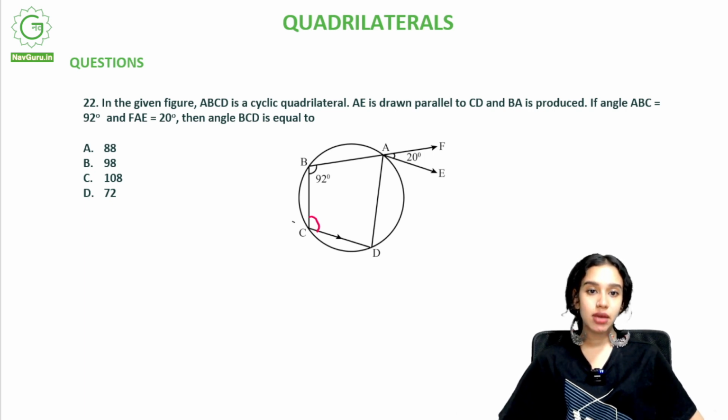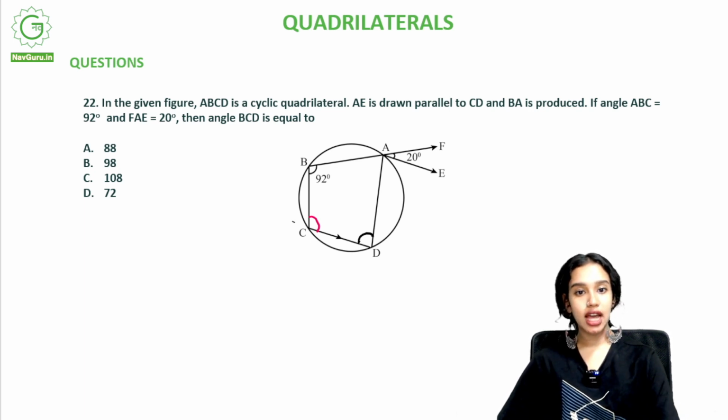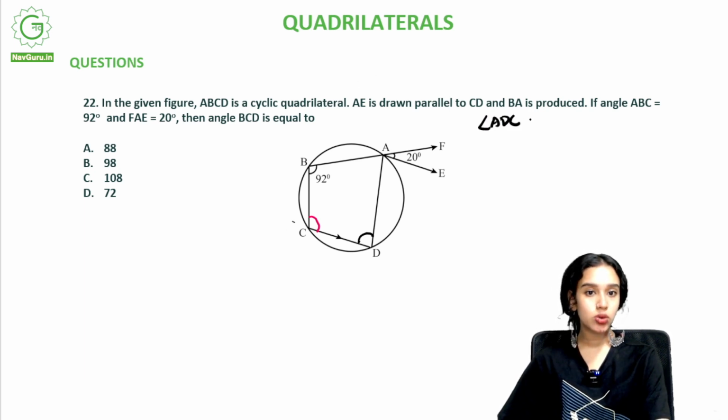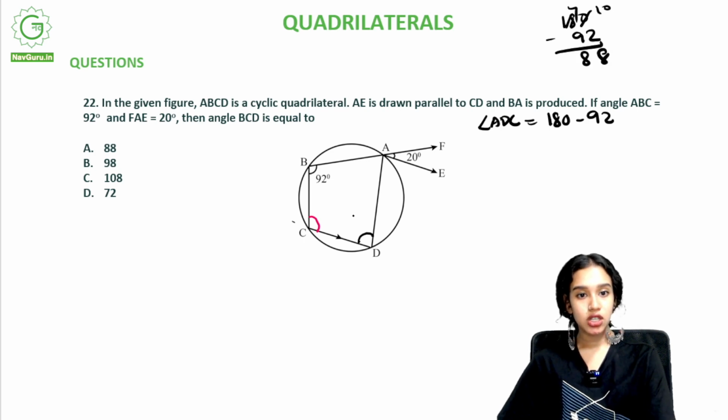So if this angle is 92 degrees, what is this angle? So angle ADC would be equal to 180 degrees minus 92 degrees. Opposite angles are a linear pair in here. So this is 180 minus 92, we get 88. So this angle is 88 degrees, right?